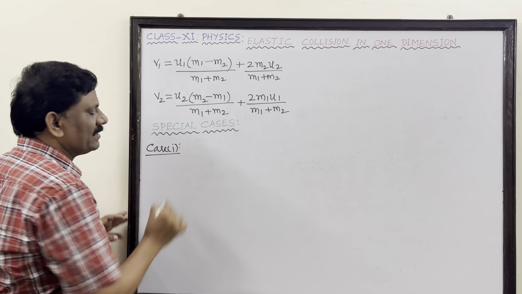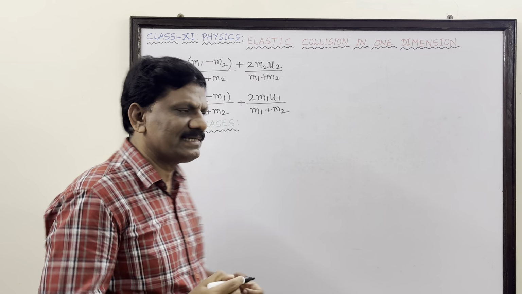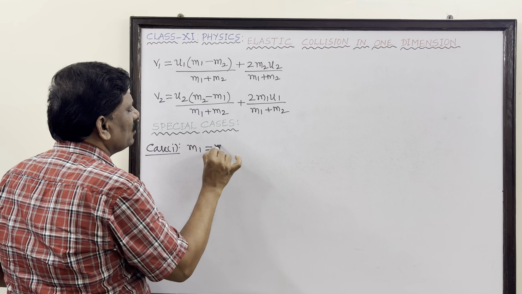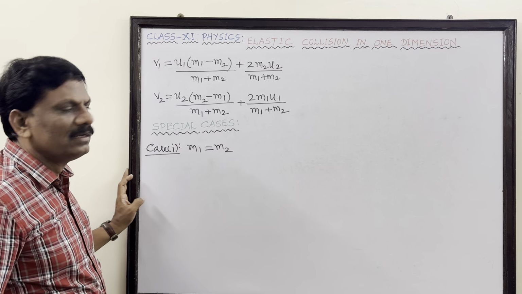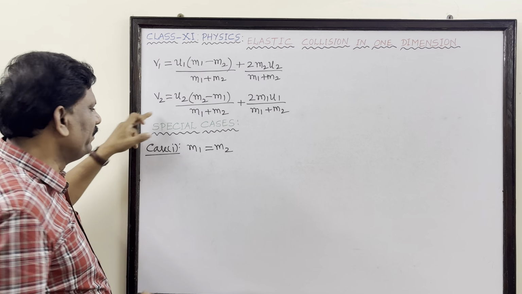In the first case, I will take both the colliding bodies as having equal mass. So m1 is equal to m2. In this case, what will be the final velocities v1 and v2?